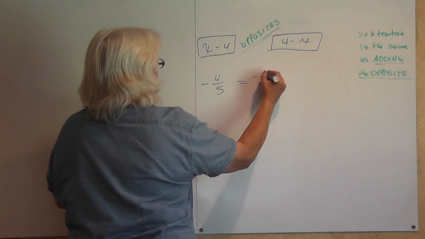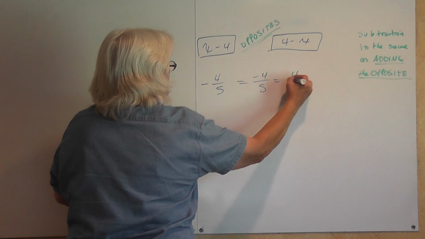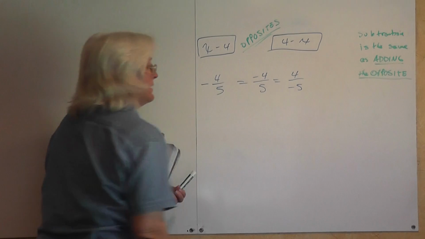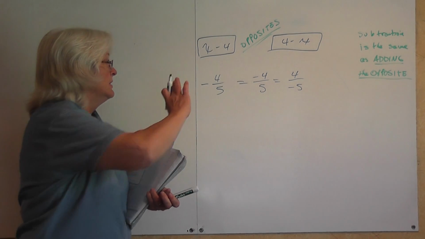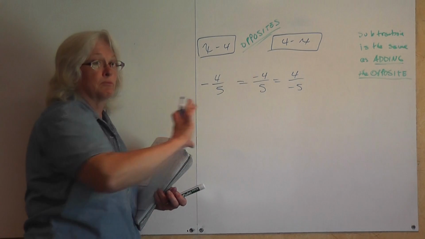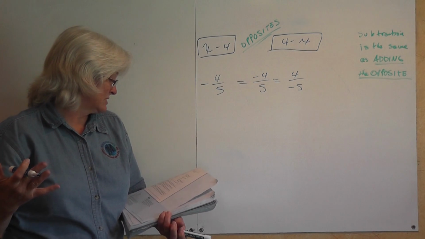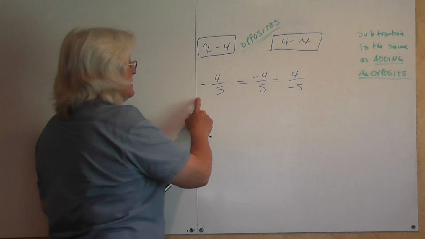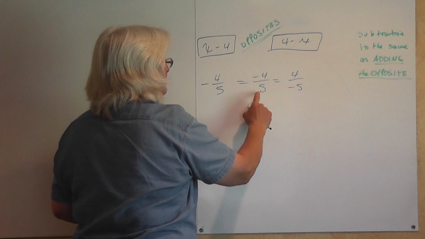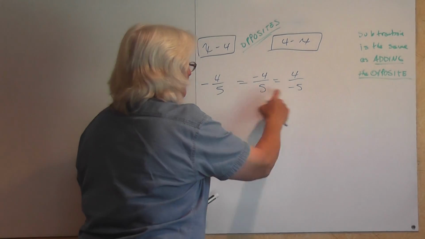You could say that that's the same as -4 divided by 5, which is also the same as 4 divided by -5, because these are all going to have the same value. Remember that as just accepting that as a true statement. So sometimes it's going to be easier if you have your rational expression in one of these very different forms.